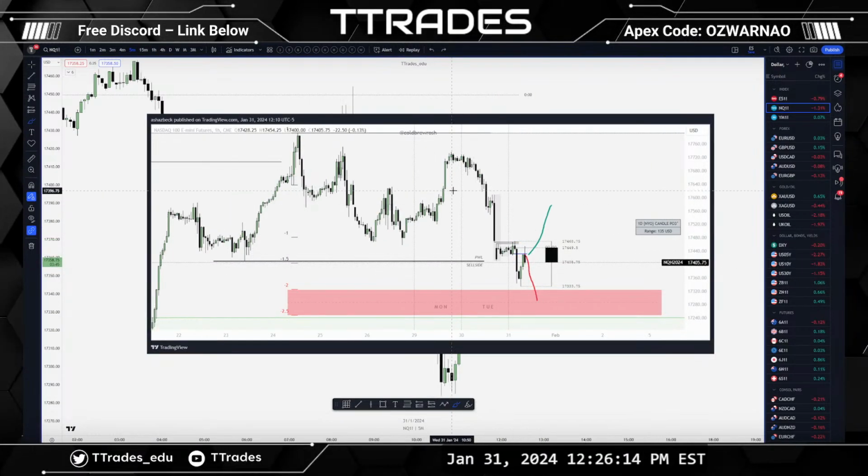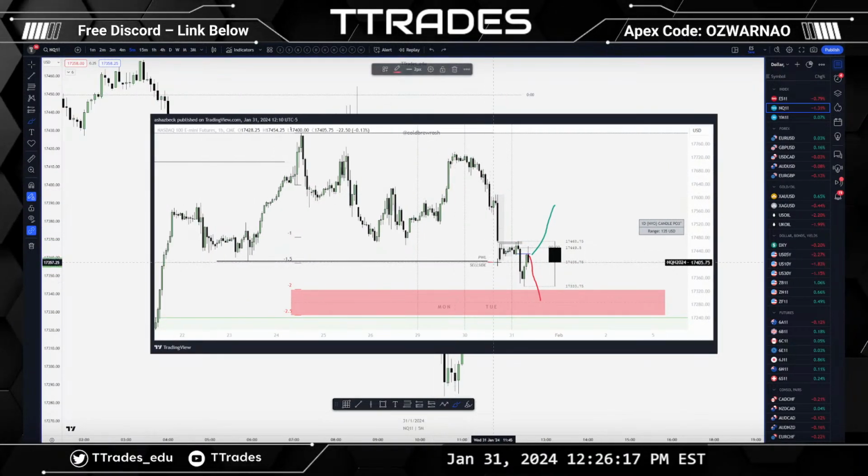But also mainly, we get pretty good displacement out of London's range. If London would have done this and immediately displaced back up, then I'm looking for this whole range to become an order block and to reach higher up into here. We also have mitigation.